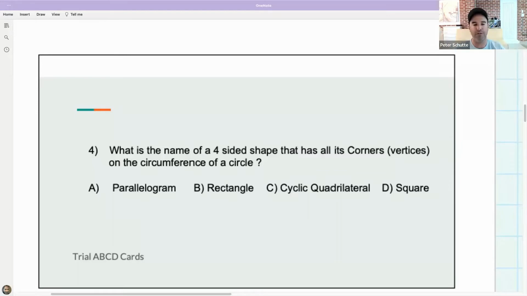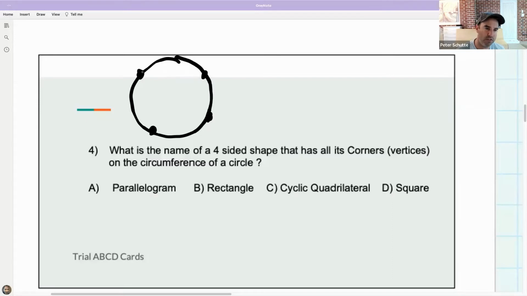Try and visualize it for yourself. Here's a circle, and all the points are on the circumference of this circle. And it's a 4-sided shape.